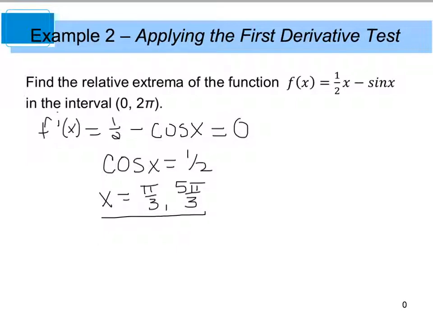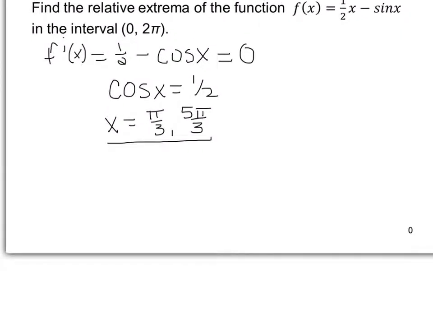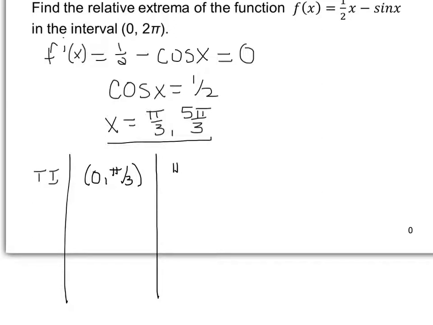Because these are my critical numbers, I'm going to go ahead and set up my test intervals. So my test intervals then are going to be from 0, because I'm going from 0 to 2 pi. So I have 0 to pi over 3. Then I'm going to look at pi over 3 to 5 pi over 3.